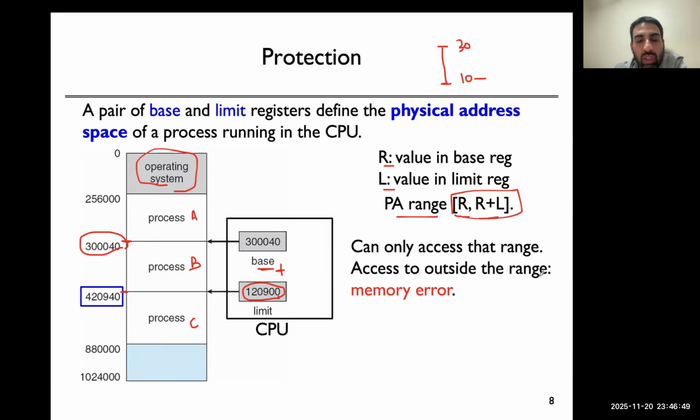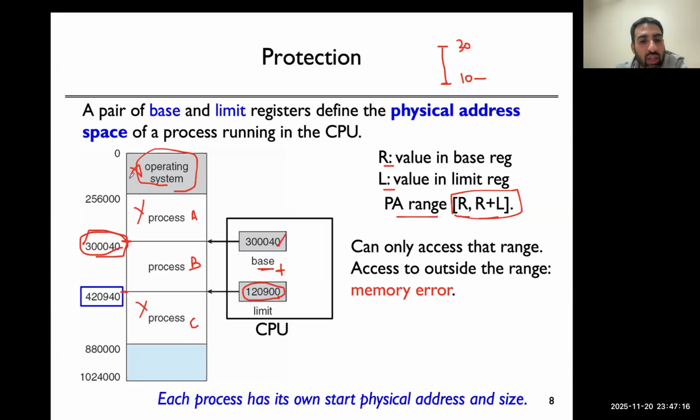If process B is running, it is allowed to access only the range starting from the base up to base plus limit. If it tries to make any access outside of this range, for example in this area or in this area or in the OS area, it will result in a memory error.